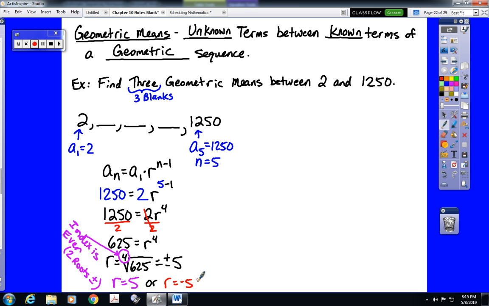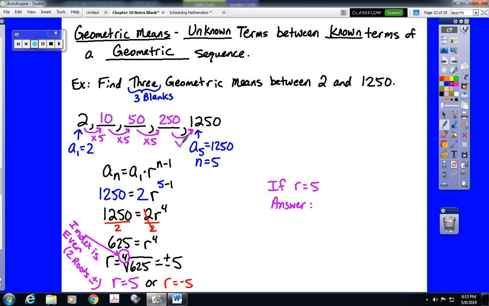Okay? So if r is equal to 5, then our answer is going to be the 3 numbers we get when we fill in our blanks by multiplying by 5. So 2 times 5 is 10, 10 times 5 is 50, and 50 times 5 is 250.